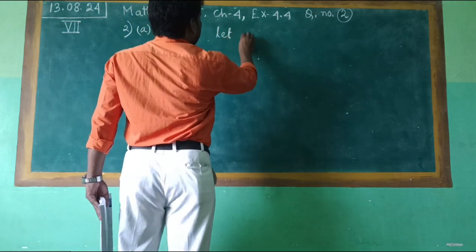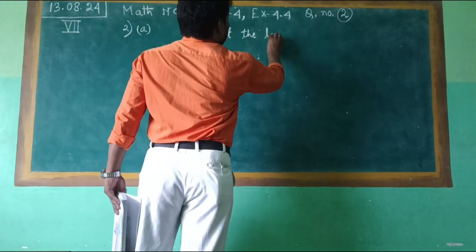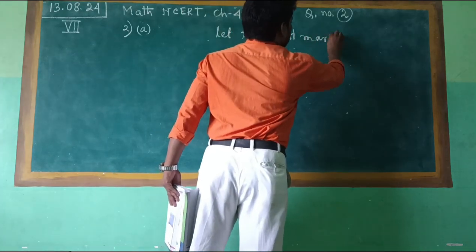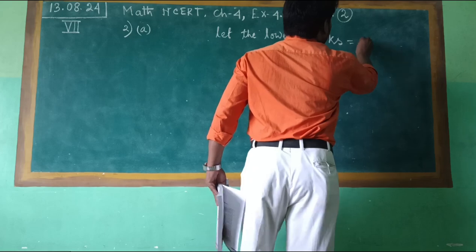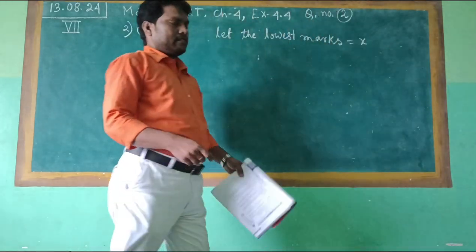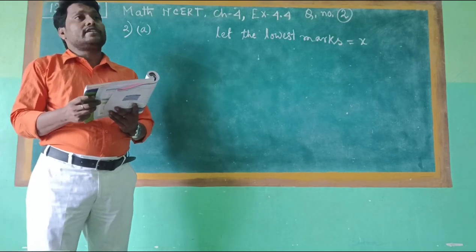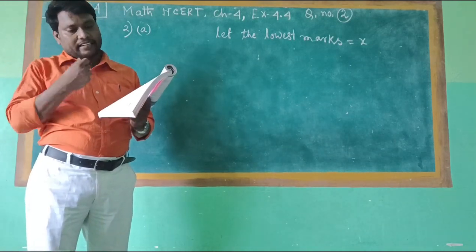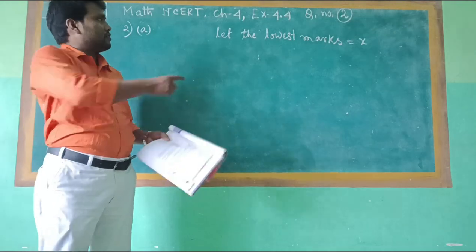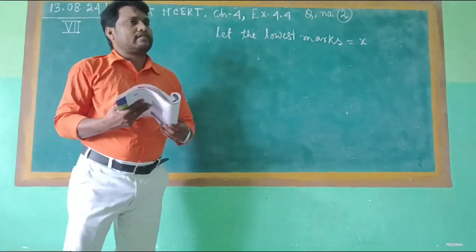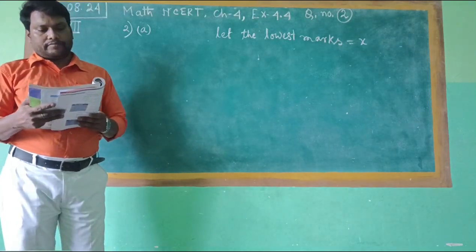Let the lowest marks equal x. The highest score is 87. What is the lowest score? I have supposed that the lowest marks is x.